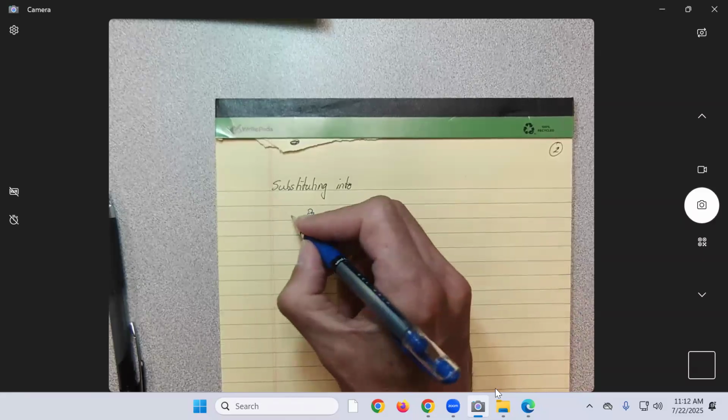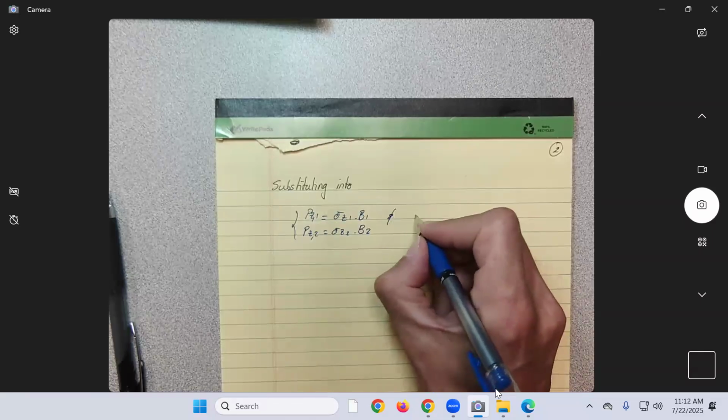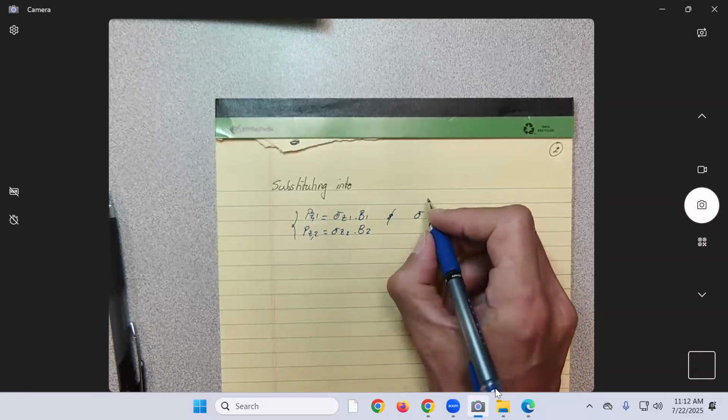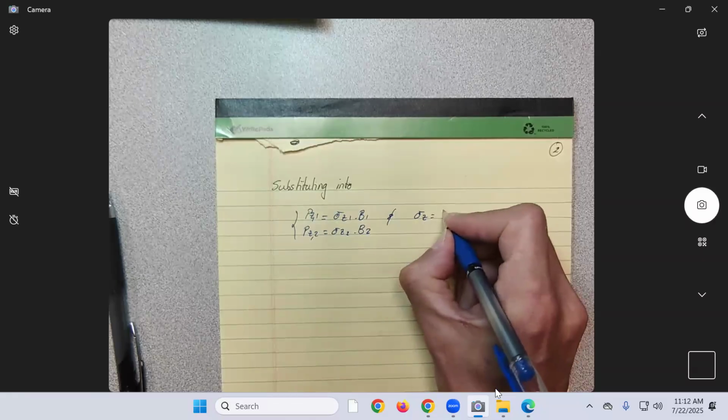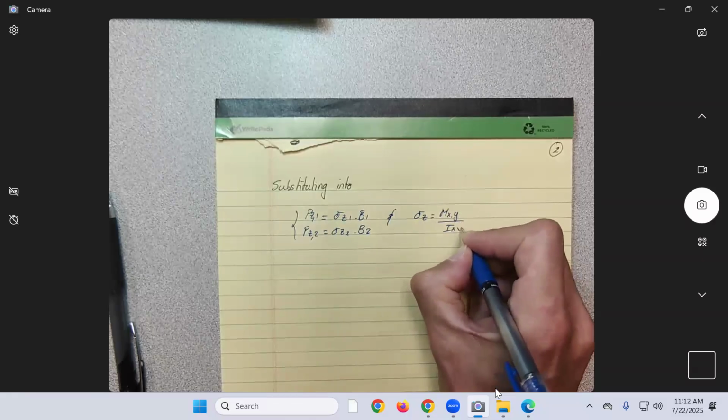And the equation we have is sigma Z equal Mx times y divided by IXX.